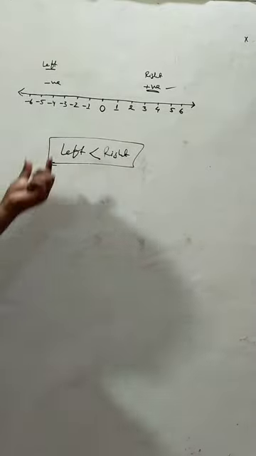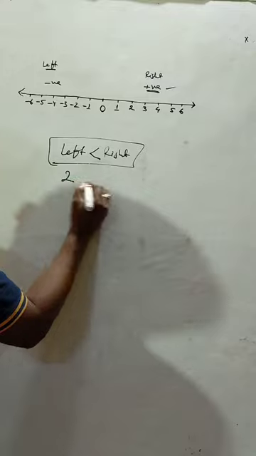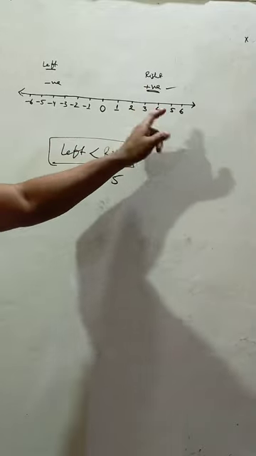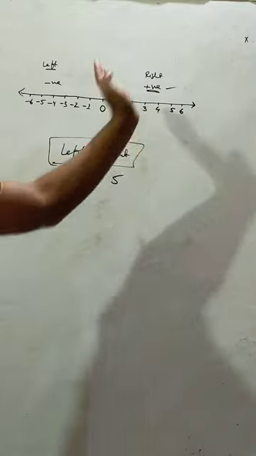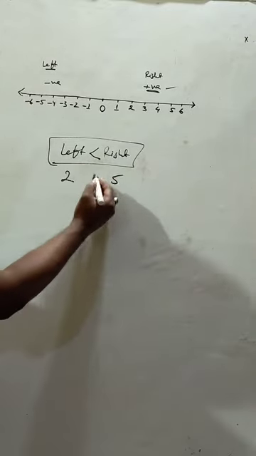Suppose here is 2 and here is 5. 5 is on the right side and 2 is on the left side. Therefore, 5 is always greater than 2.